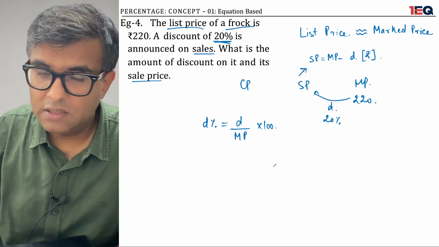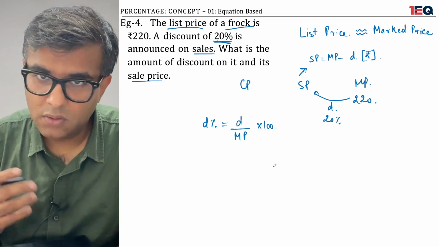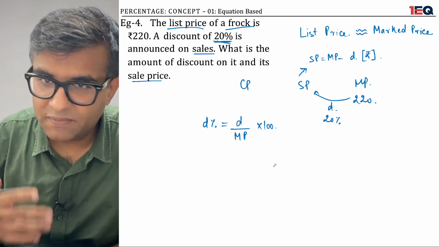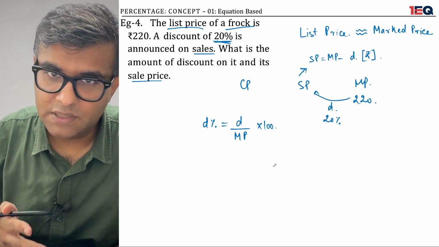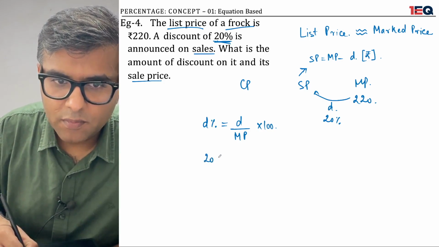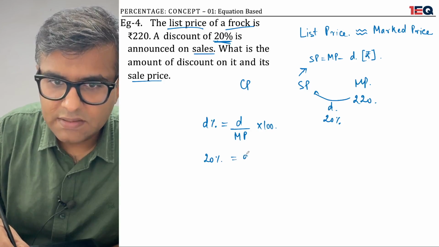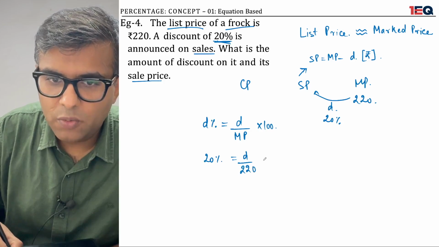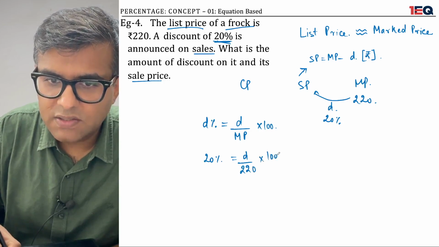And trust me, there is no harm in being that student. Even if you work with formulas, you will still clear the examination. Remember that. So D percent is 20%, divided by the discount we are looking for, multiplied by 220.